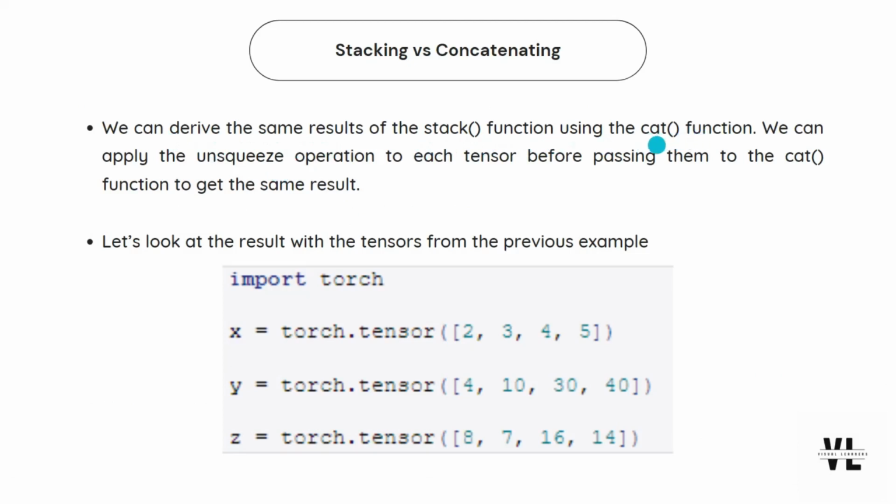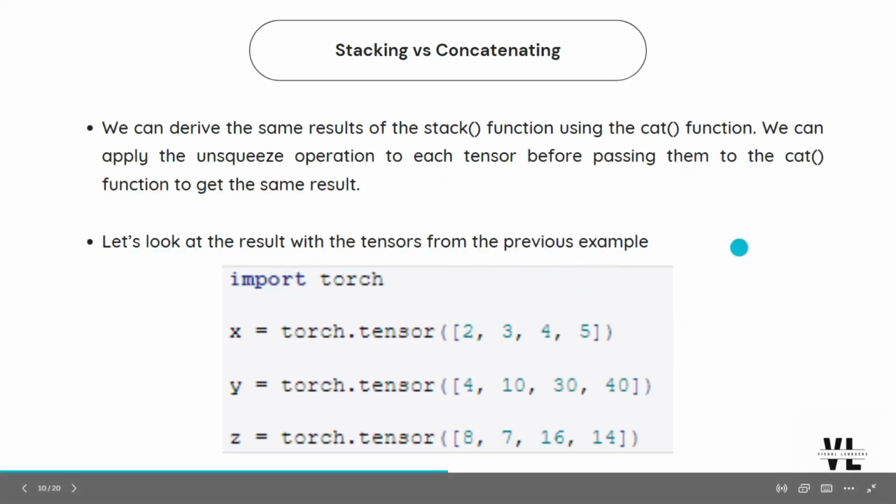Now we're going to use cat to create the same matrix instead of stack. We can apply the unsqueeze operation to each tensor before passing them to the cat function to get the same result. Let's look at the result with the tensors from the previous example.